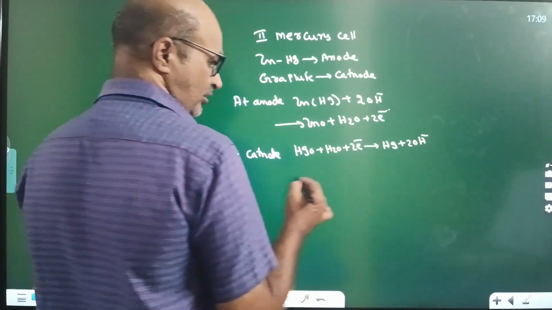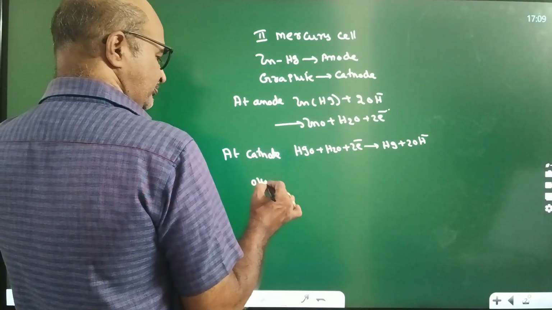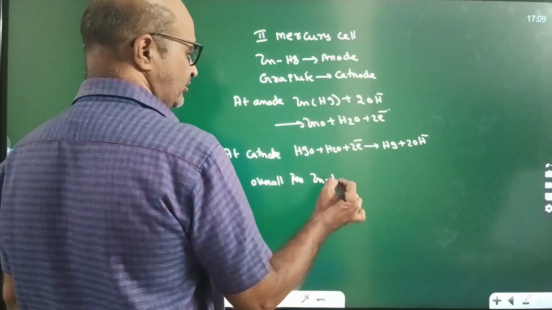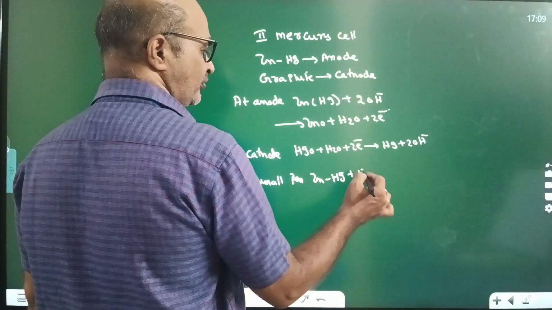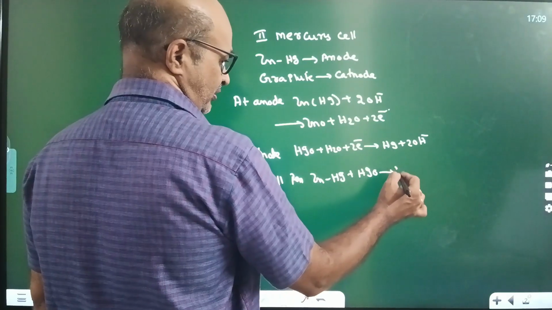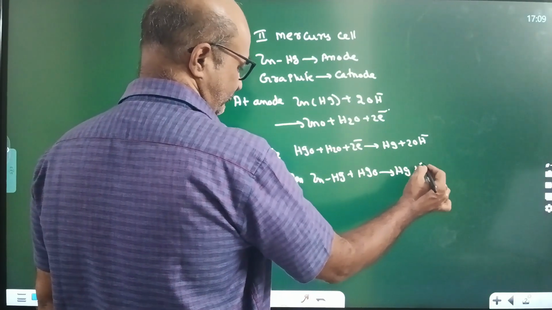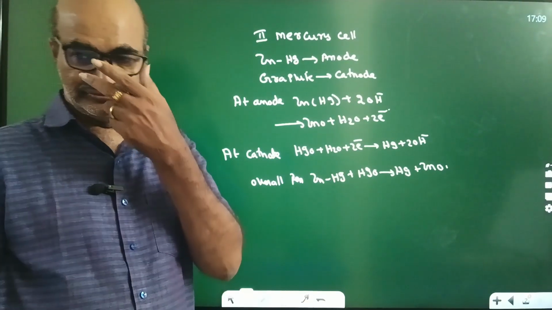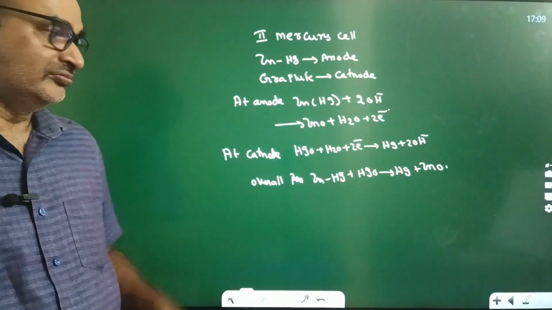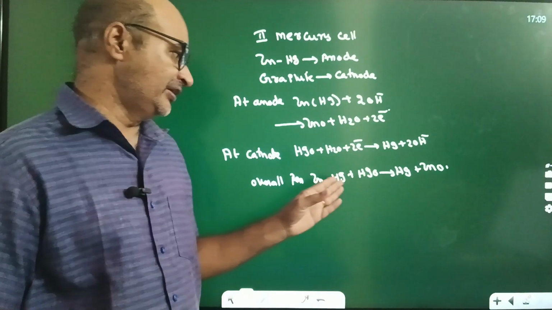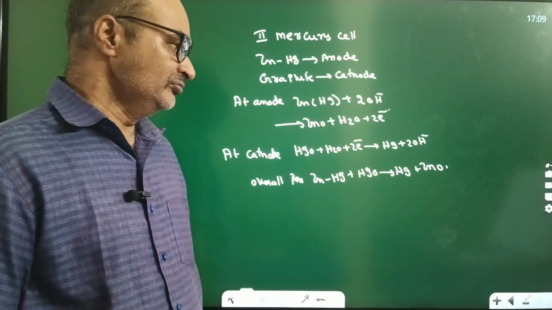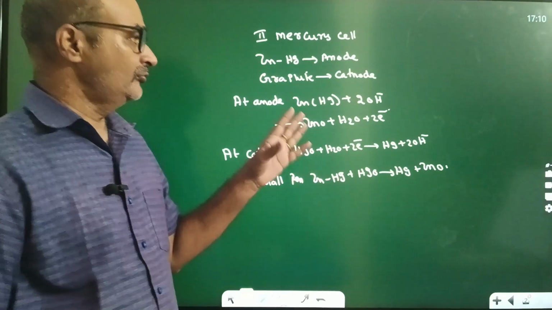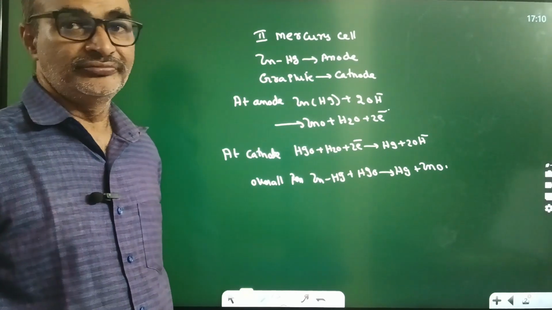The overall reaction is ZnHg plus HgO gives rise to Hg plus ZnO. This is a mercury cell.